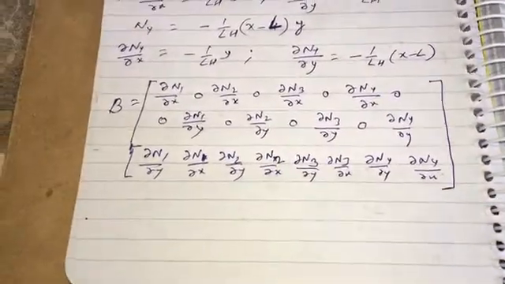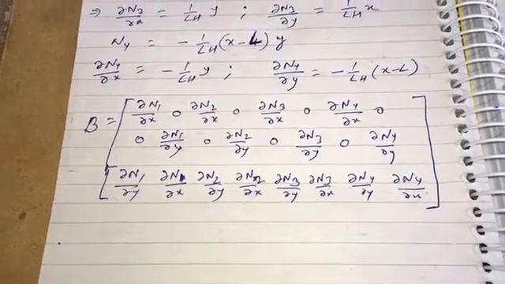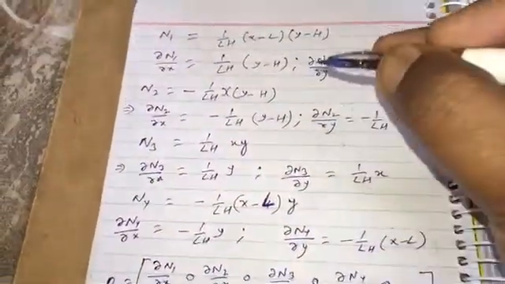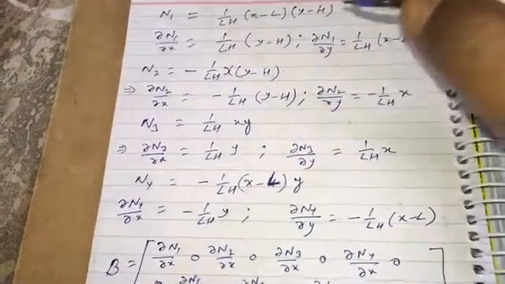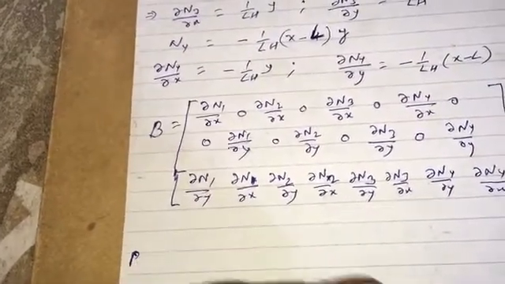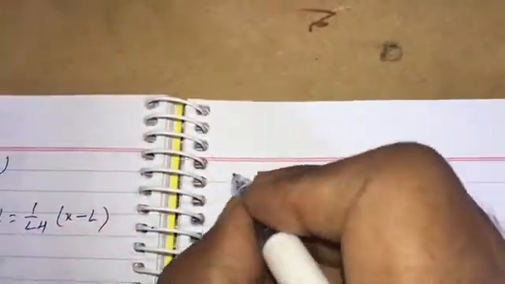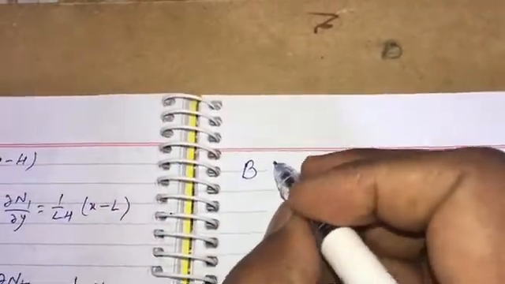Okay, so once we have that, we can actually put the actual values from here, and we'll find out the B matrix. So let's write the B here, but we will write it in terms of B transpose.